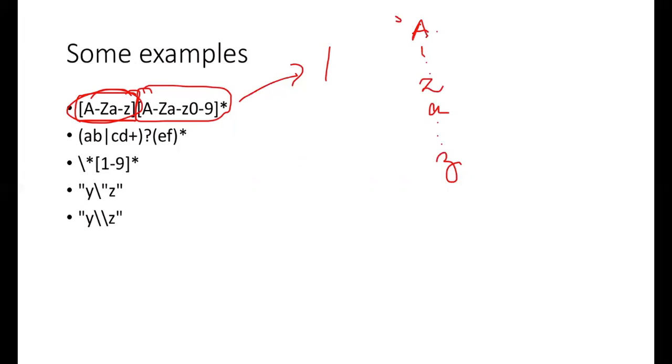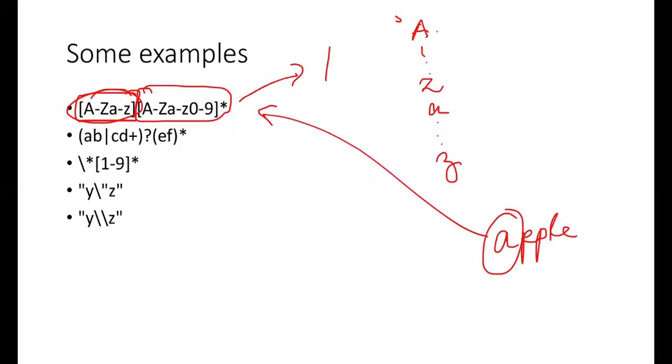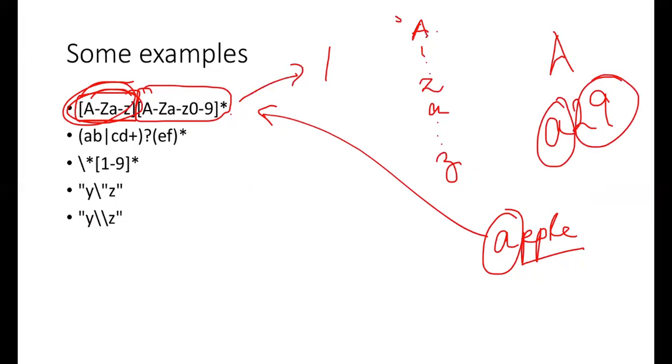If I write A P P L E, this satisfies it because it starts with a small letter followed by multiple small letters. If I simply write capital A, this is also valid because the first part is satisfied and the second is 0 repetitions. If I write A 29, this is also valid because it starts with a letter and is followed by multiple digits. So all these are valid answers.